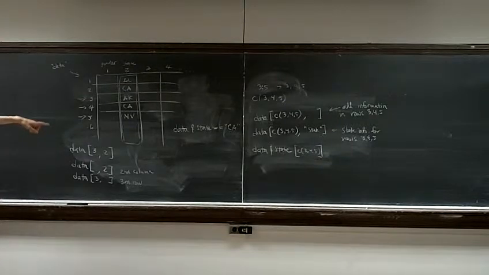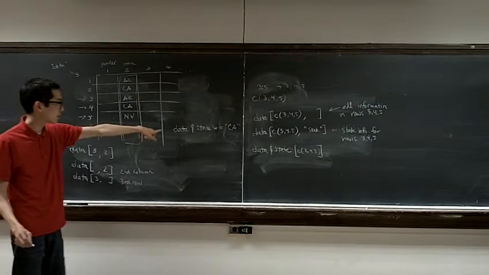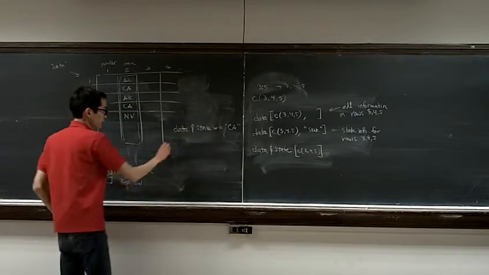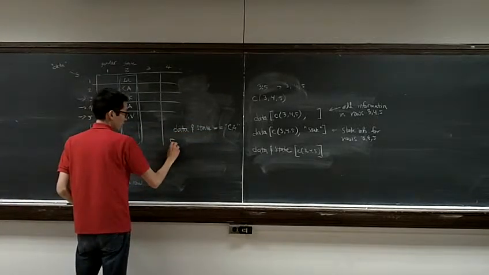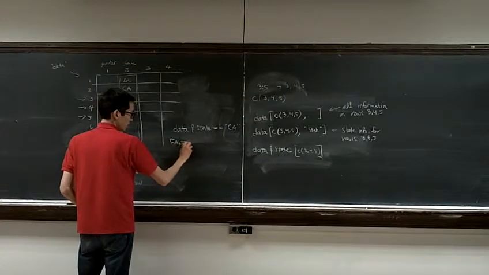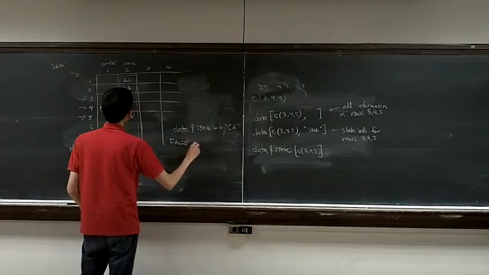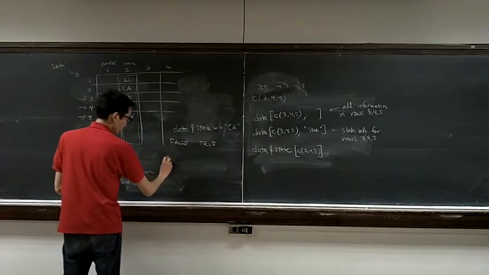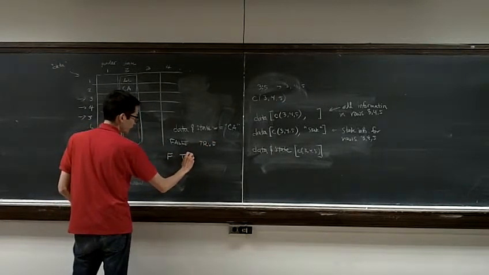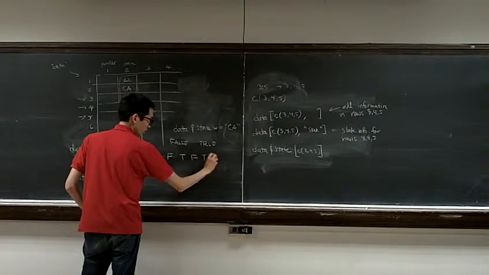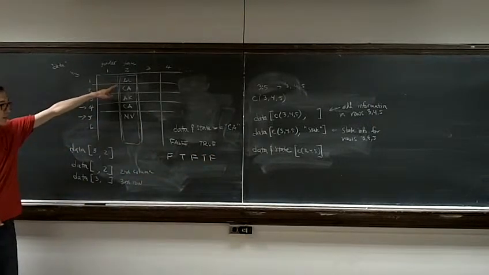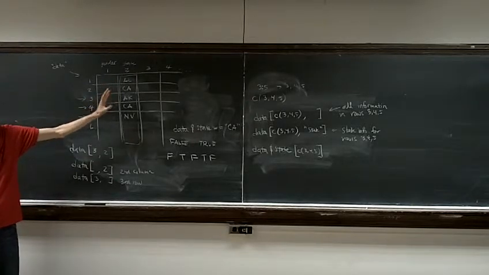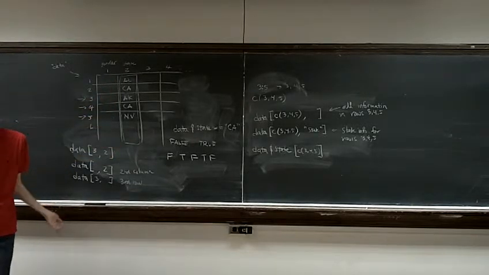If I said data$state equals California, what it will return back is false, true, false, true, false. Because it's just going down this column and saying, is it equal to California or not?